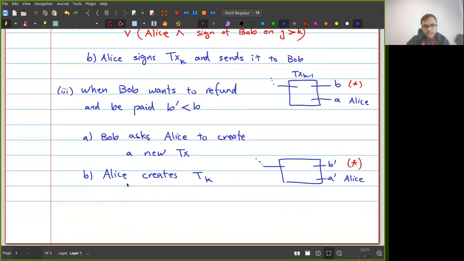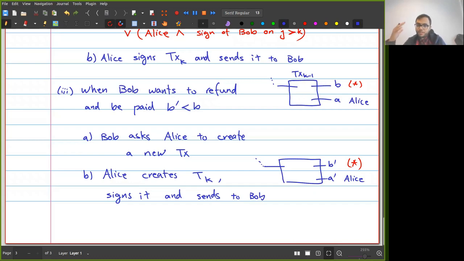Okay, so Alice creates this transaction, signs it, and sends it to Bob. But this is not yet done. So at this point, Alice doesn't believe that she's paid a refund, because of course, Bob can still go back and publish transaction K-1 instead of transaction K.